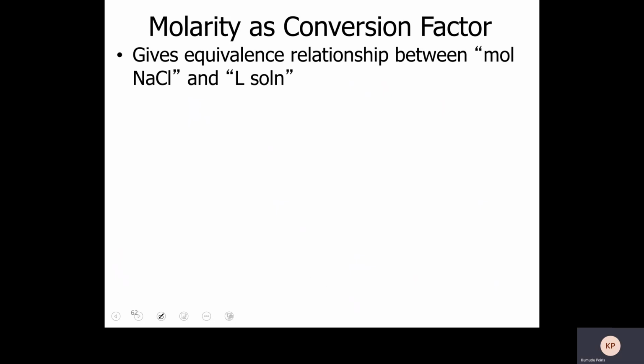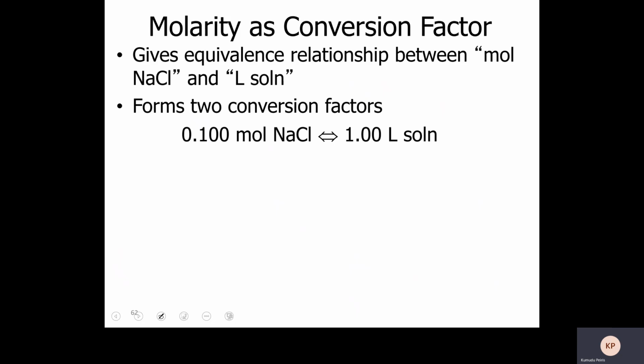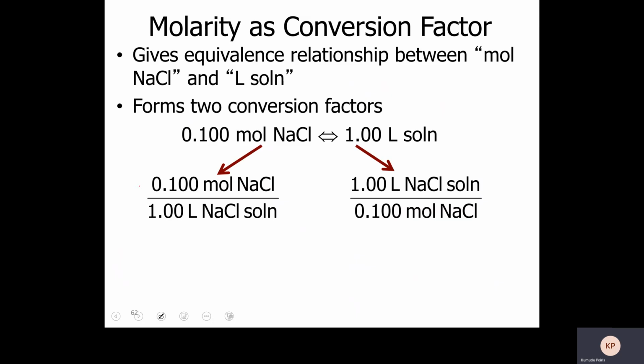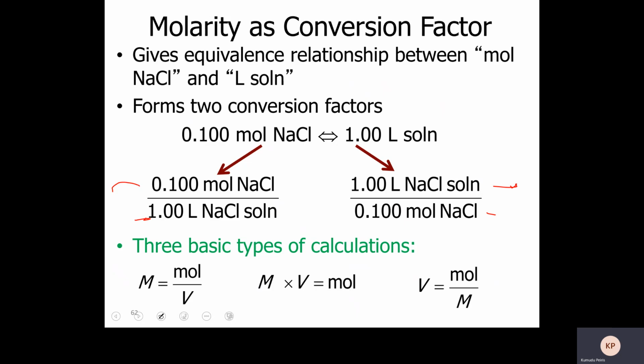The relationship between the moles of sodium chloride and the liters of the solution can make two different types of conversion factors. We can divide the moles by the volume, or we can divide the volume by the moles. So we can use this molarity for three basic types of calculations.